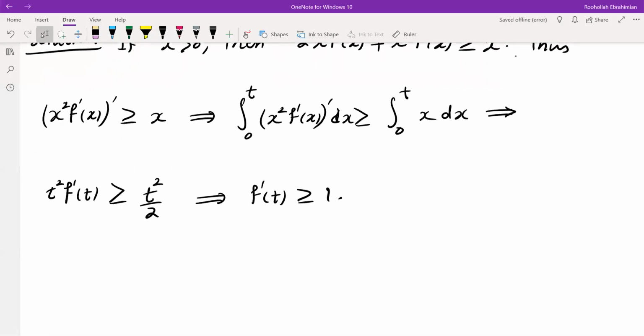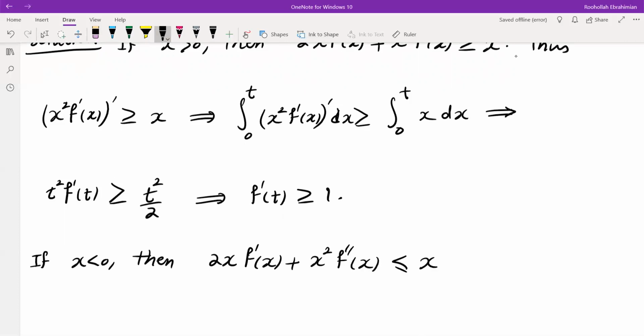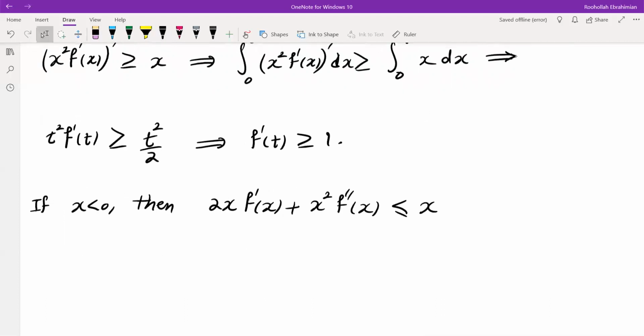Okay, now that I'm at this point, I'm going to do the same thing for negative x and see what I get. If x is negative, then 2x f prime of x plus x squared f double prime of x. This time, I would have to change the direction of inequality, which means x squared f double prime of x is less than or equal to x.